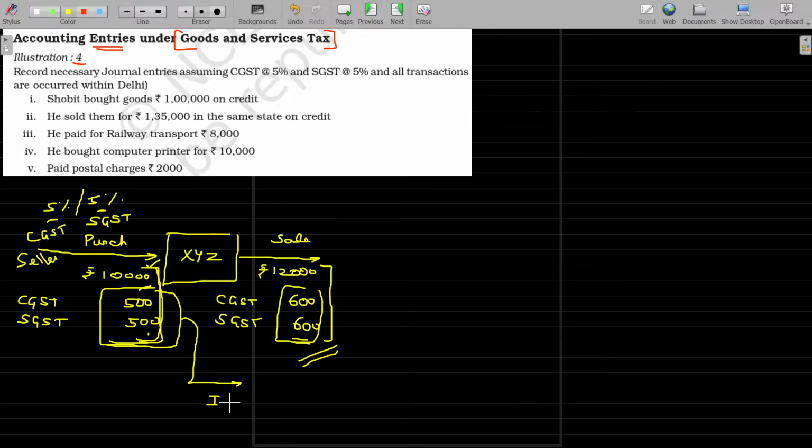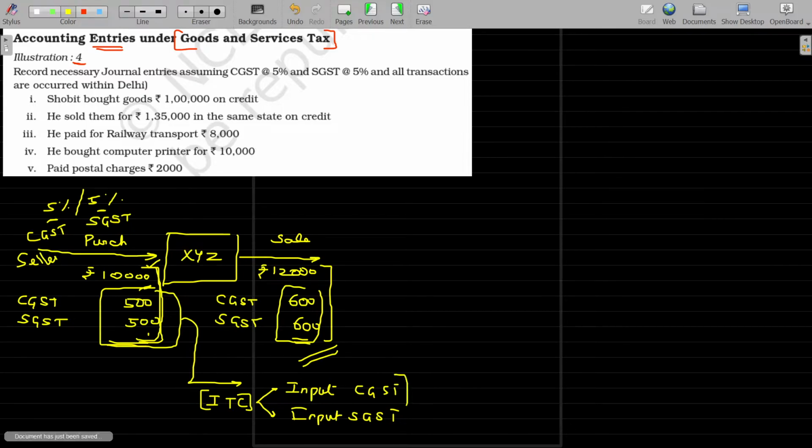That's how we can name it. We call that the ITC, input tax credit. So we either name this input tax credit, but as per the institute material, go this way also: input CGST and input SGST. Is that okay?